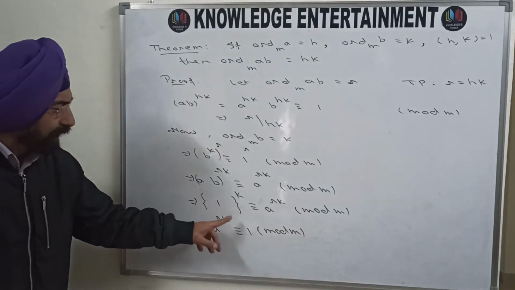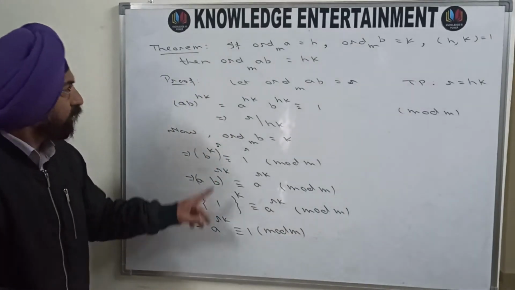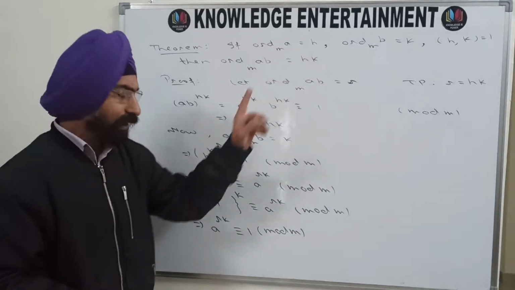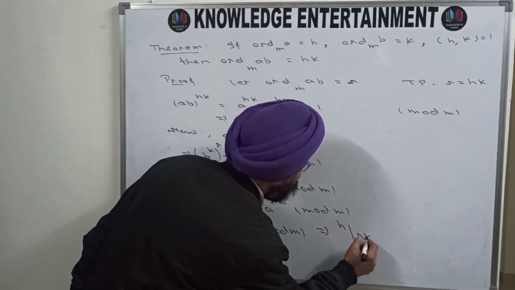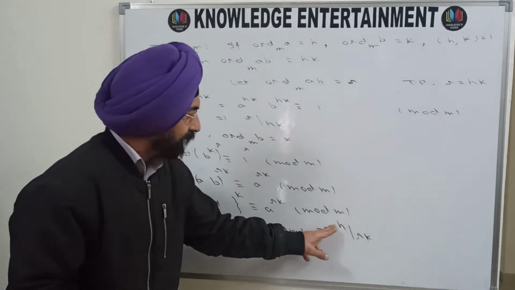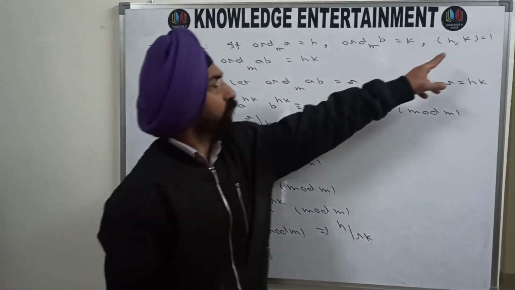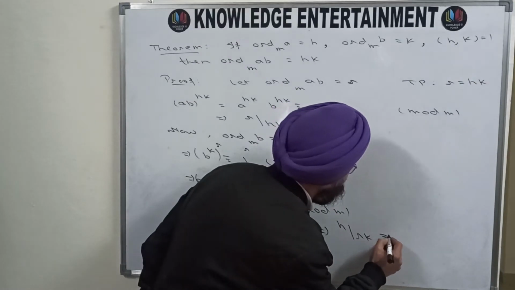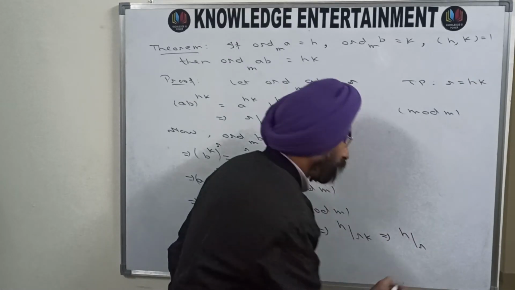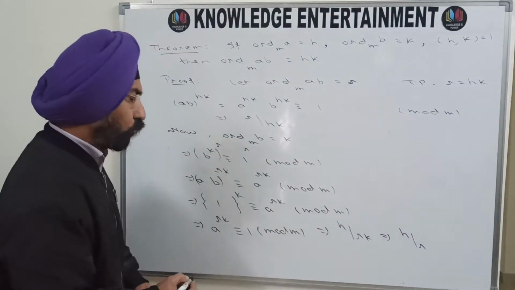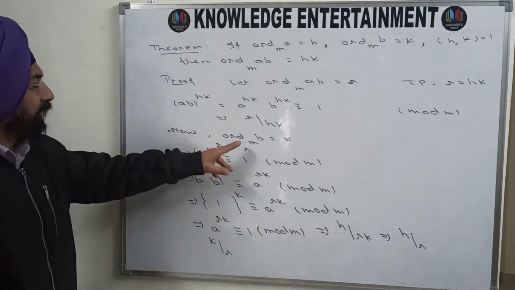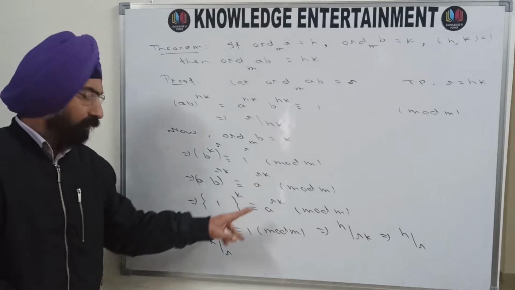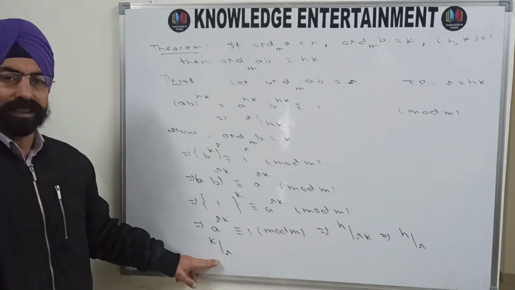Now a^rk is congruent to 1 modulo m, and what is the order of a? Order of a is h, so this means h divides rk. h divides rk, and GCD of h and k is 1, so this means h divides r. Similarly it can be shown that k also divides r. If we had started with the order of a modulo m being h, we would have obtained k divides r.